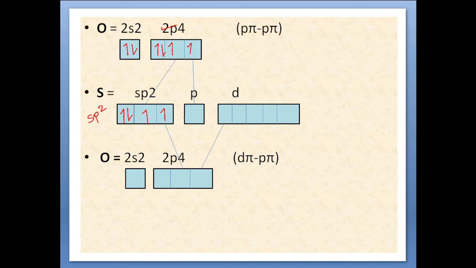The p orbital contains one electron and the d orbital contains one electron. Here also the oxygen electronic configuration is the same, outermost 2s2, 2p4. So here I am going to draw the sulfur dioxide molecular structure.